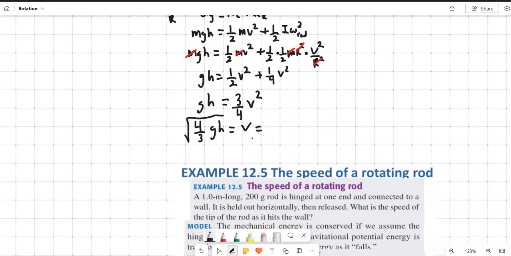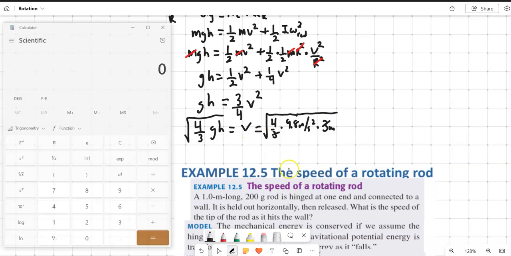So now when we put in our numbers, let's just say g is going to be equal to 10 meters per second squared. Actually, no, let's just keep it as 9.8 to be consistent with the textbook. Sorry about that. So this is going to be 4/3 times 9.8 meters per second squared times 3 meters. So that 3 is going to cancel out with that 3.